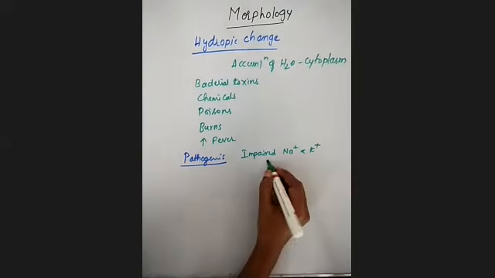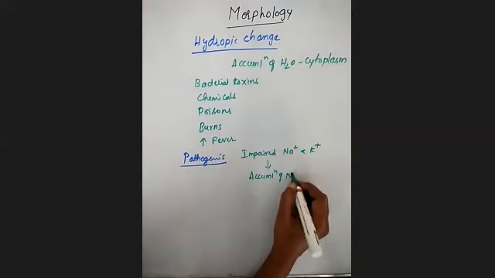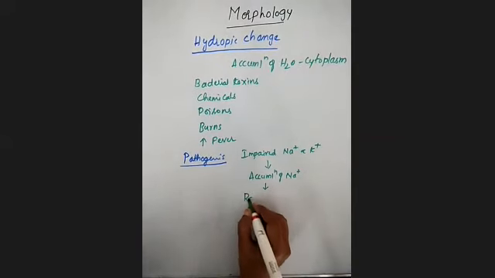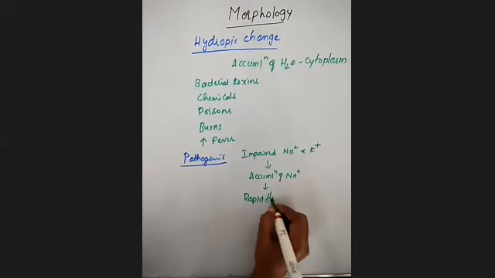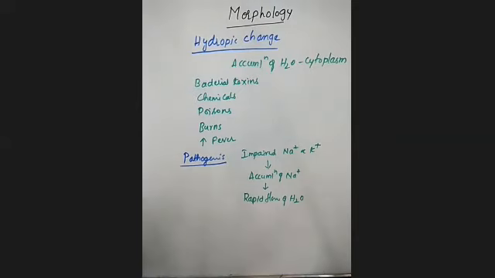Because of that, there is accumulation of sodium ions within the cell. Once the sodium ions are accumulated inside the cell, it leads to the rapid flow of water inside the cell to maintain isoosmotic conditions. Once the water enters the cell, it leads to swelling. The swelling of the cell that you observe, you will call a hydropic change.